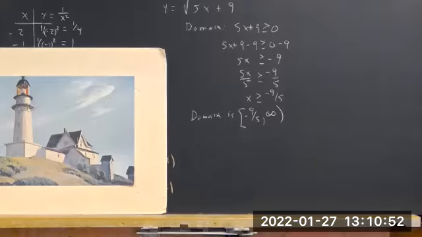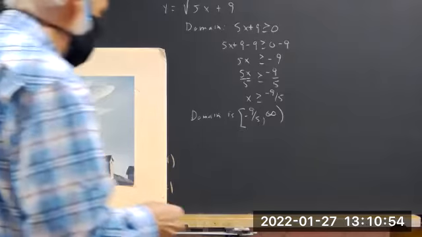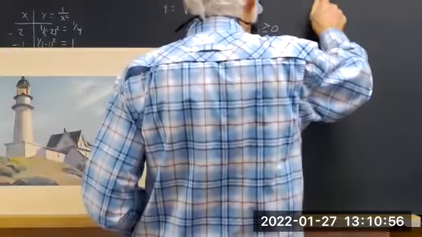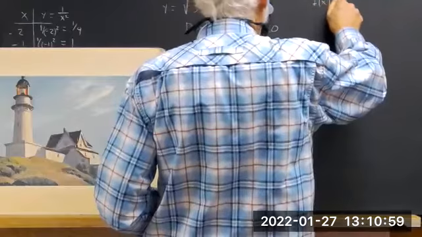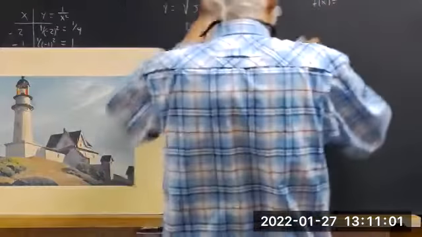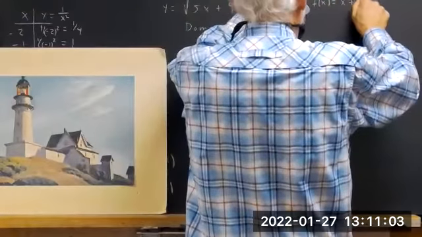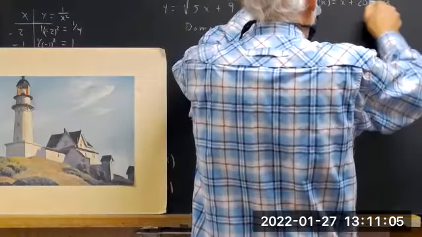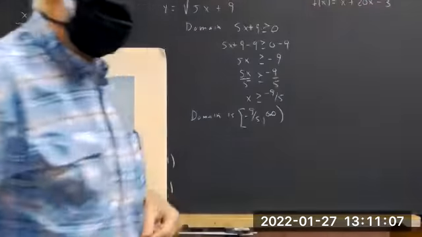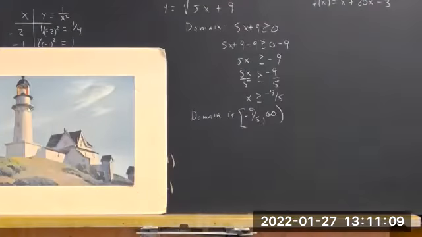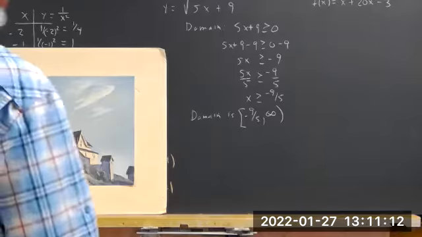Now you've got this f of x. Let's say for your numbers f of x was x squared plus 20x minus 3. Then we wanted to find f of your a number.